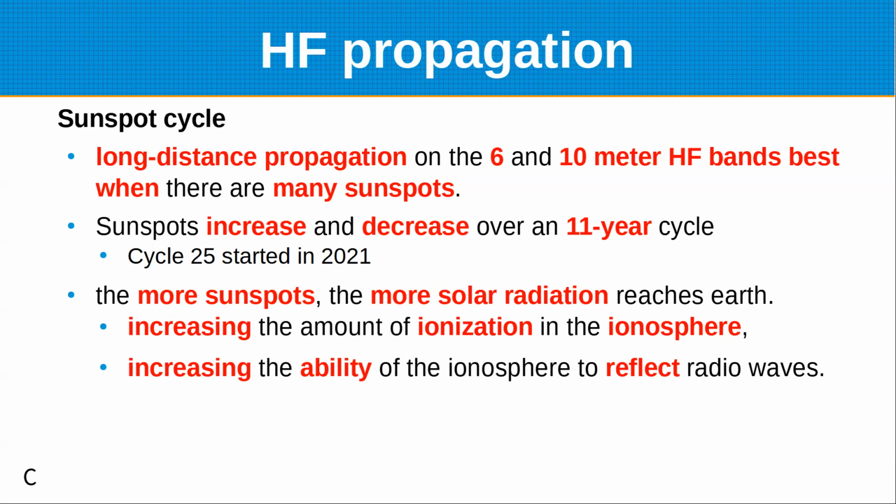And the more sunspots, the more radiation reaches the Earth, more ionization, which gives more reflection or refraction, which is why it's better for long distance propagation. And also, it allows you to operate at higher frequencies.